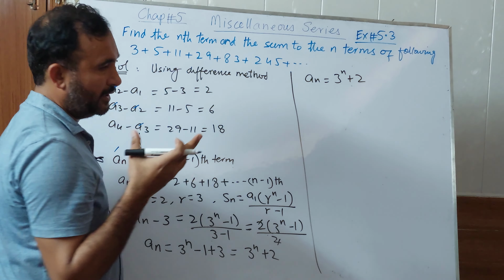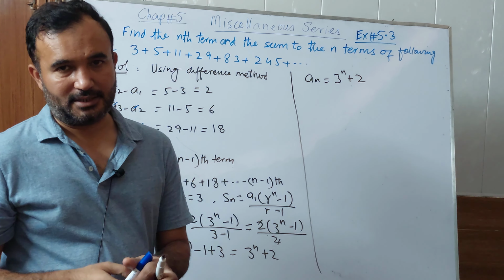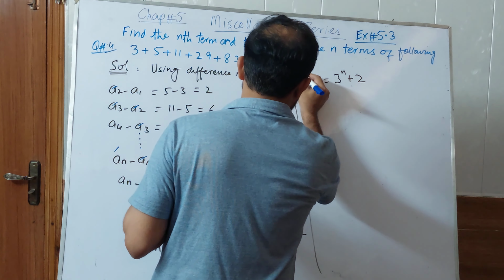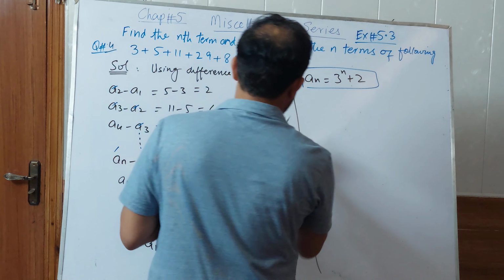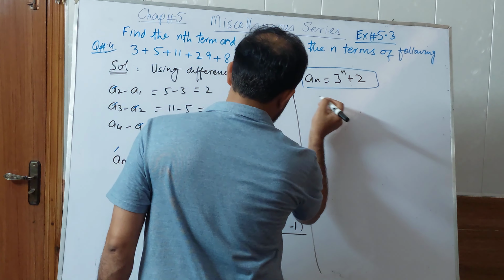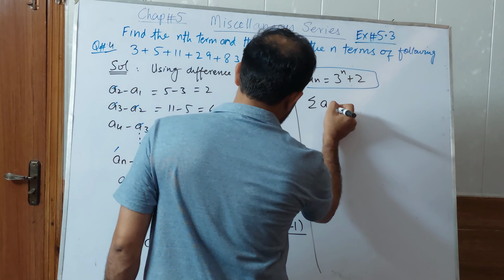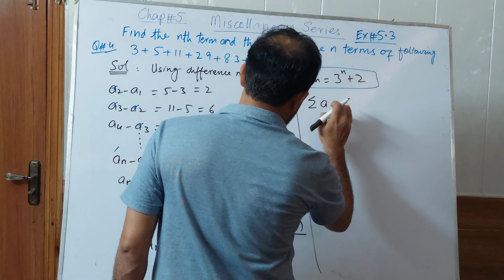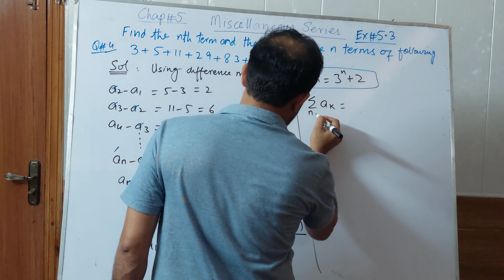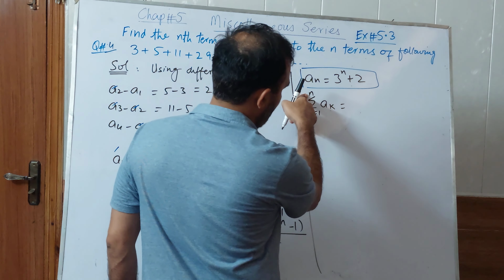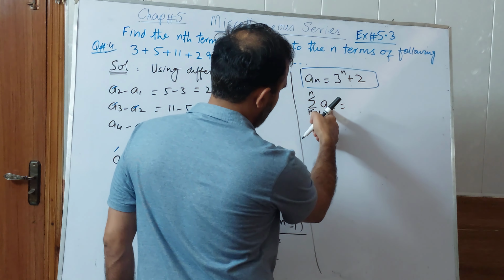In this question we have to find the nth term and then the sum of n terms, right? So two things are required over here. The first thing we just found. And now we have to find the sum of n terms, so applying summation on both sides. So the sum of an, we can write this as ak with k from 1 up to n, because we will be using n over here, so that's why we are replacing this n with k.